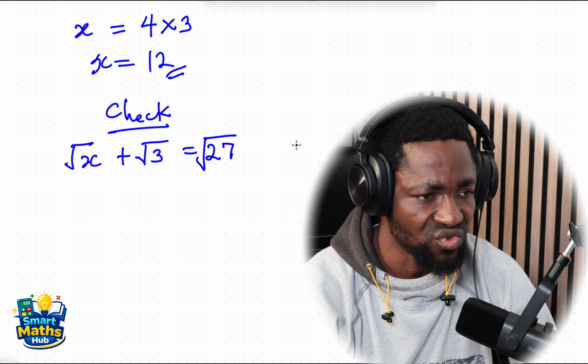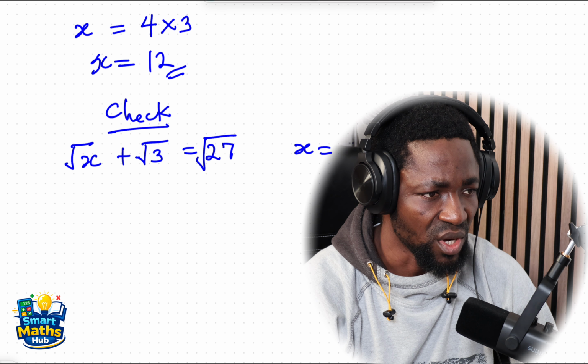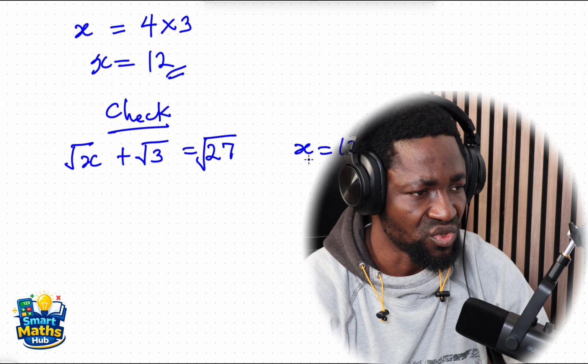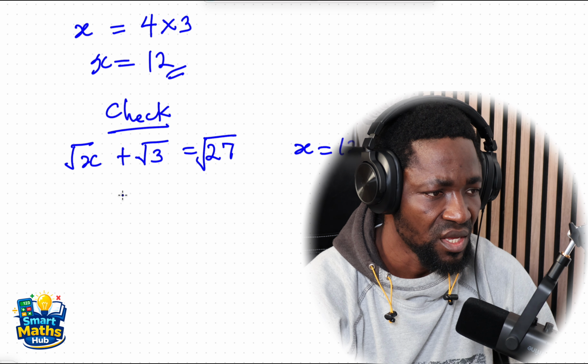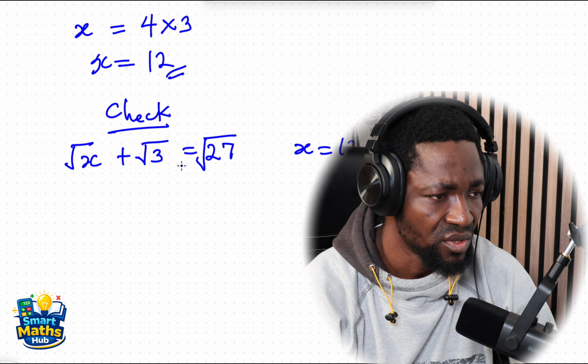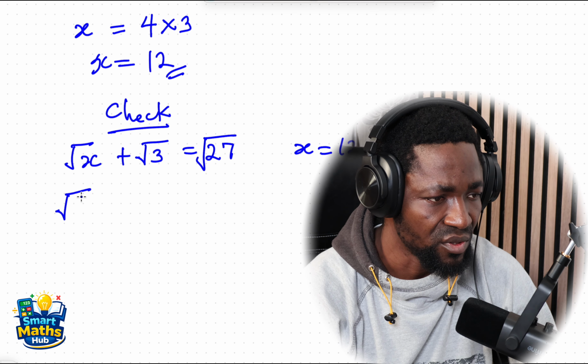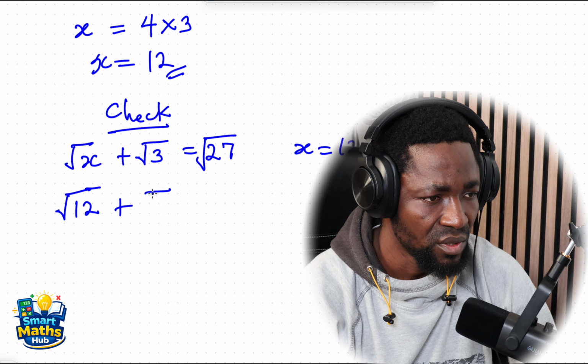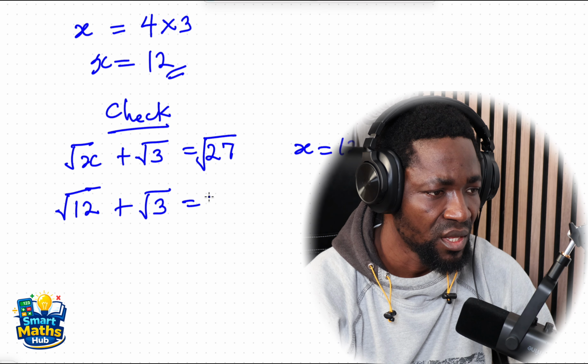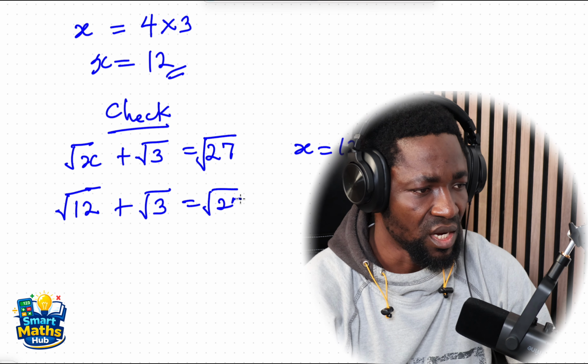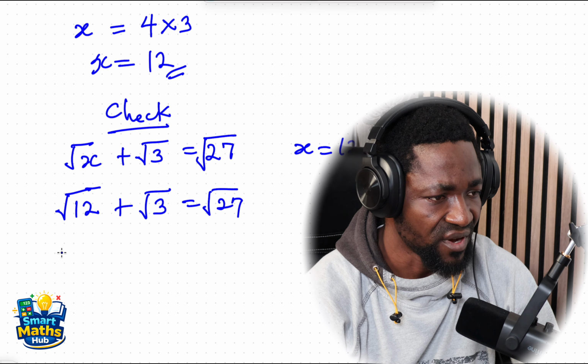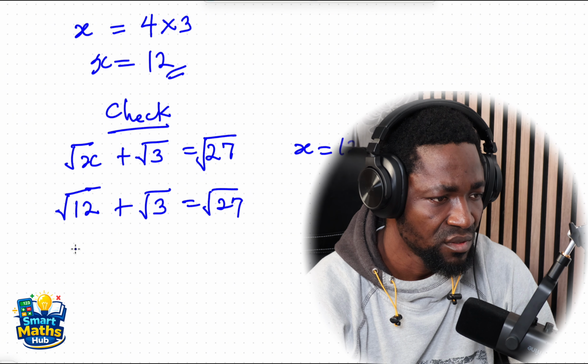Our value of x is 12. What we are going to do is to substitute wherever you see x. So square root of 12 plus square root of 3 equals square root of 27. At this stage, just find the square root of each.